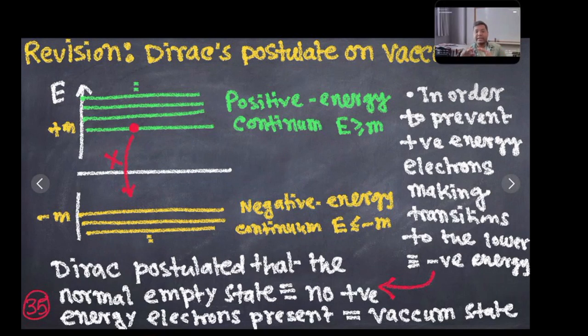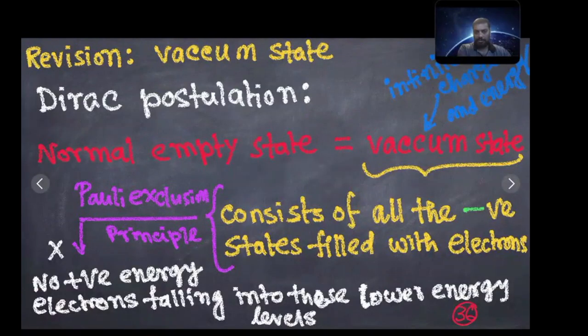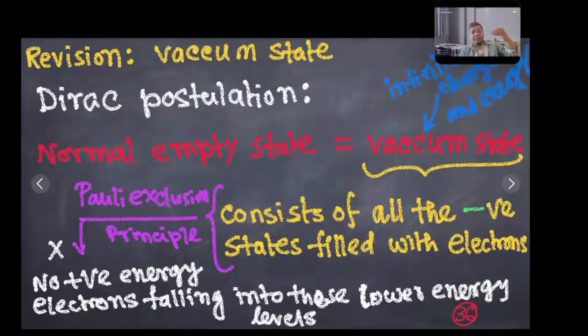Based on that assumption, keeping in mind the Pauli exclusion principle, he defined the vacuum state as having all the negative energy states completely filled with negative energy electrons. So there is no possibility for any electron from the upper energy level to fall into the negative energy level, because it is completely filled.